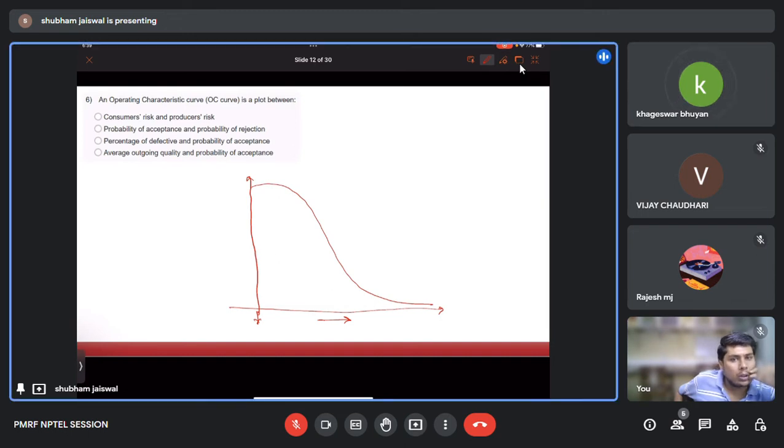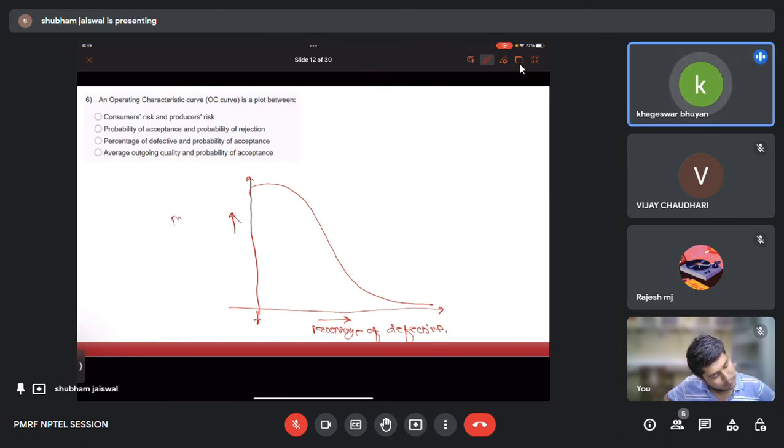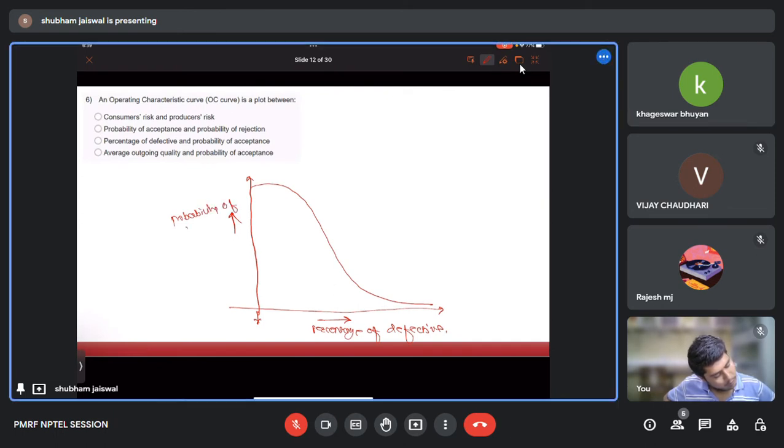Yes, Mr. Bayan, you are correct. So here, on the x-axis we take percentage of defective, and on the y-axis we consider probability of acceptance.